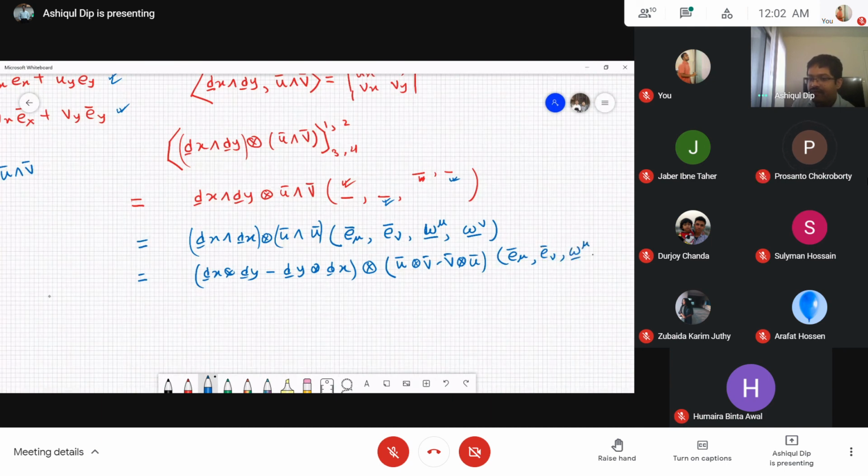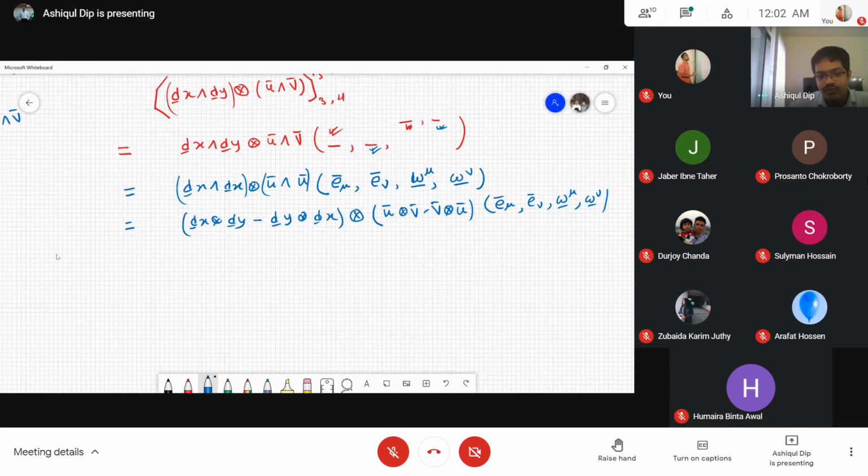Yeah, this is what we're trying to do. So you have to multiply this whole thing. How many terms should you get? 4 terms, right? Yeah, 4.